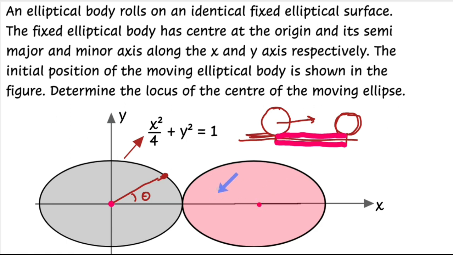Let's say this is point 1 and this is point 2. These two points have to be in contact, and they will be symmetrical. These two points will make the same angle with the minus x axis. So this distance is also, let's say, r, and this distance will also be equal to r.